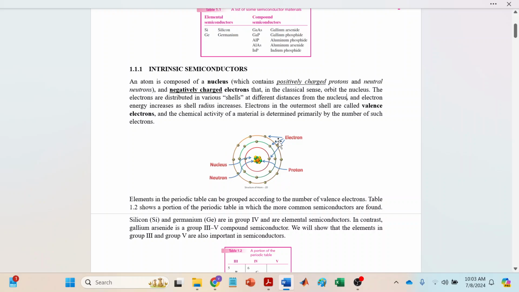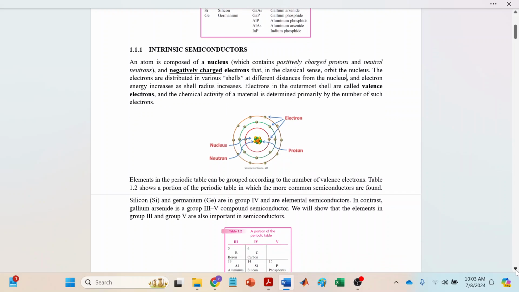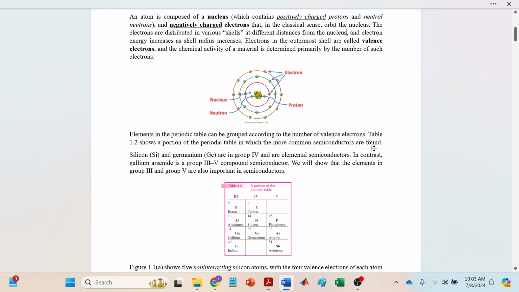The electrons that exist in the outermost shell are called valence electrons, and they vary depending on the type of atom. For the silicon atom, 4 electrons exist in the outermost shell, and since 4 electrons exist in the outermost shell, they are called group 4 atoms.